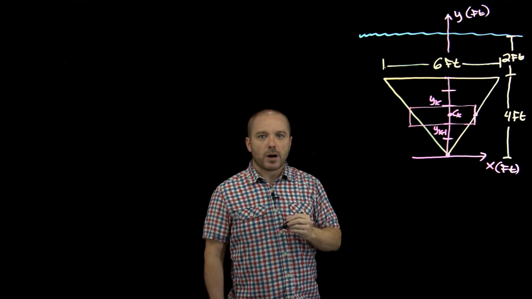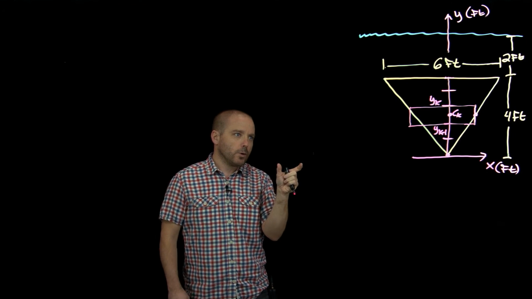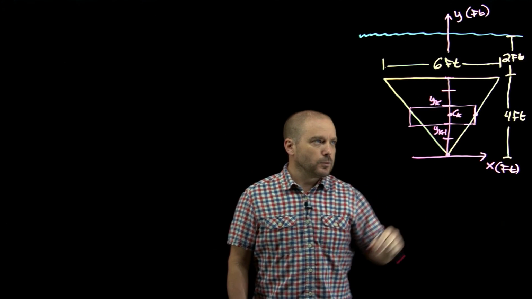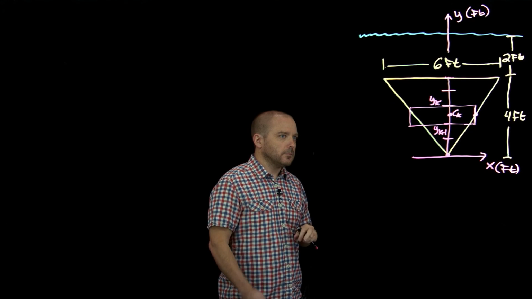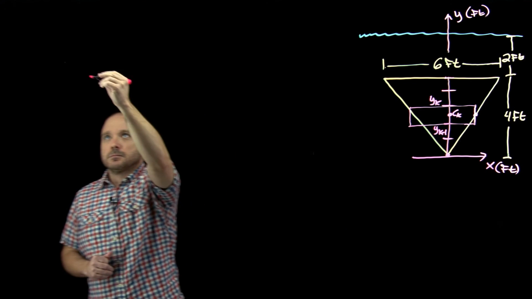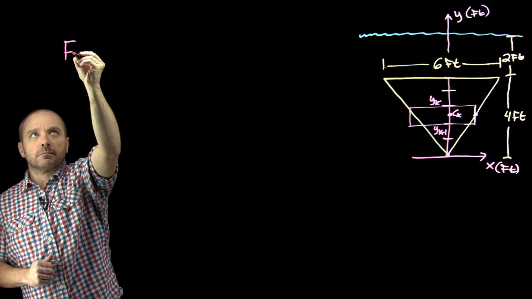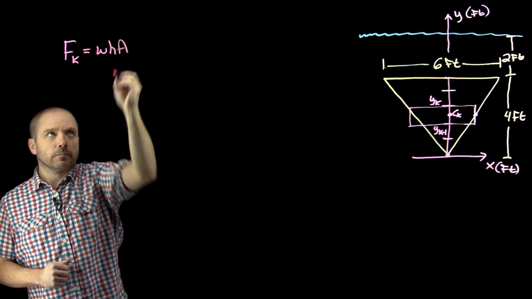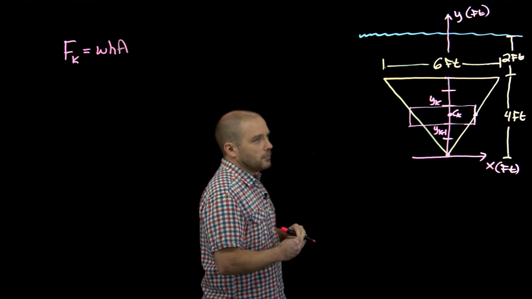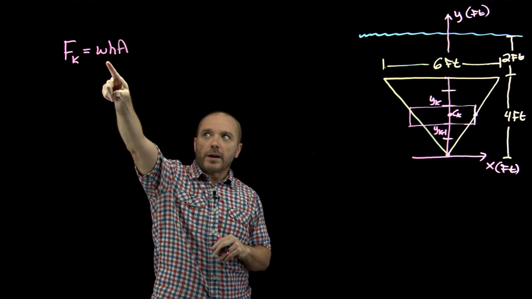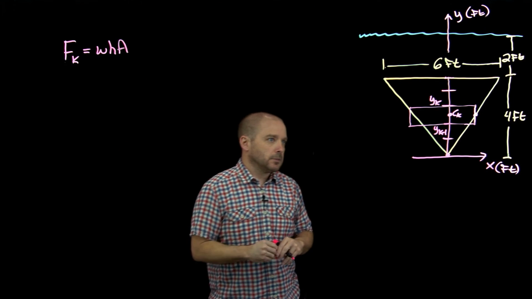And so let's approximate how much fluid force is on just that strip. Again, we'd have n of those going up and down. So remember, fluid force is weight density times depth times area.